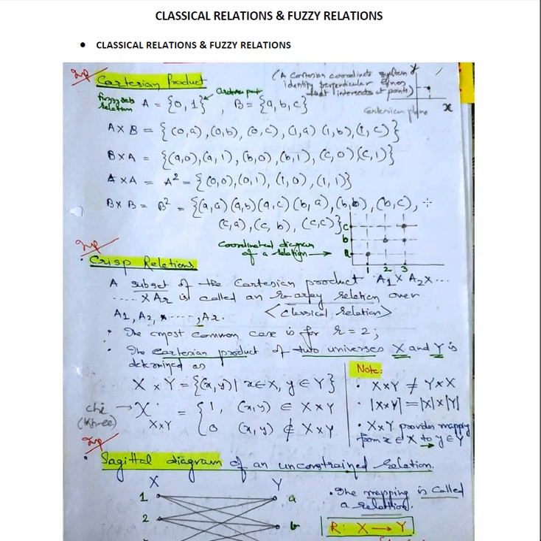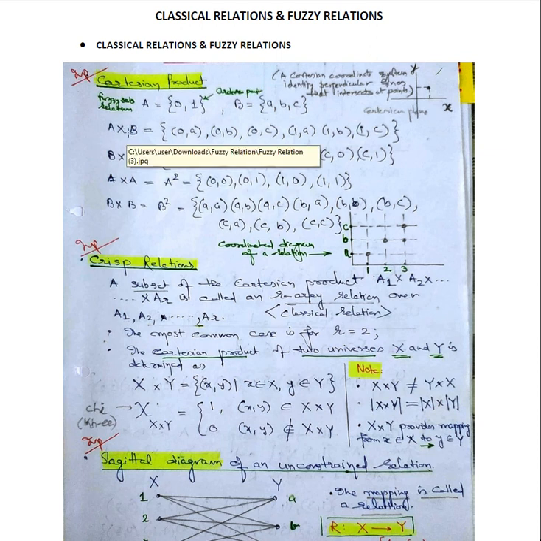Now here you can see that a set A has two elements, 0 and 1. B has the elements a, b and c. When we do the Cartesian product, it is like perpendicular lines that intersect at points. Here I have shown a point where x and y intersect; that particular point is termed a Cartesian coordinate system product.